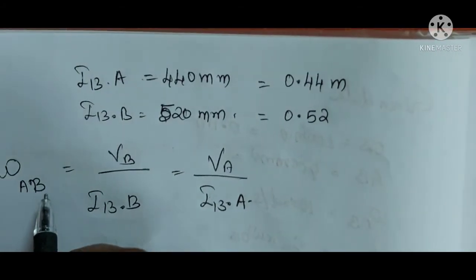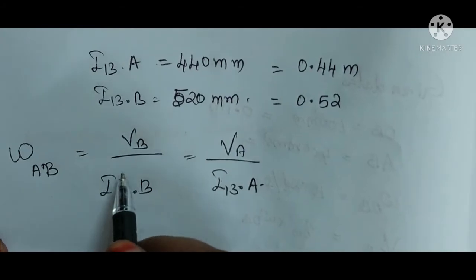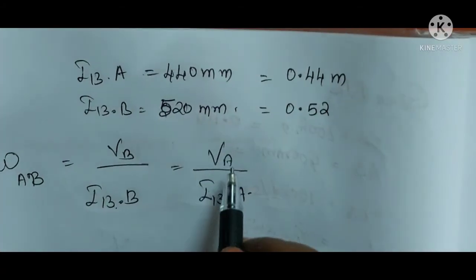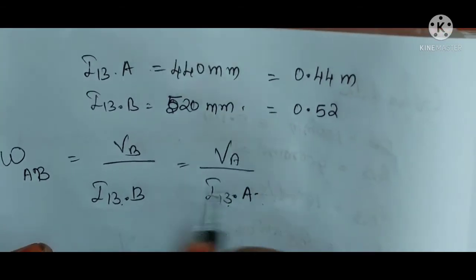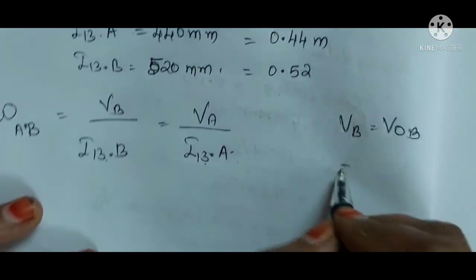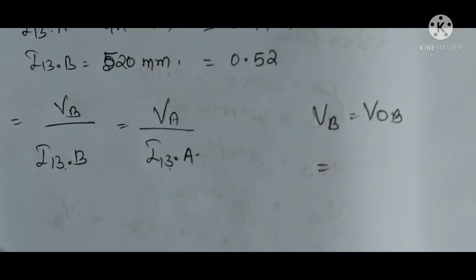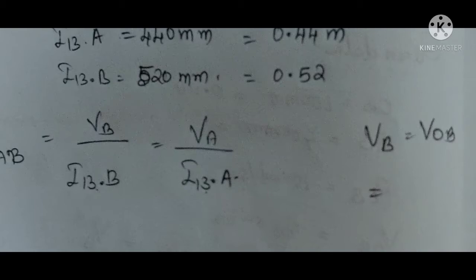So now with the help of Kennedy's theorem, we can say that angular velocity is equal to, with respect to the instantaneous centers, VB by I13 dot B, then VA by I13 dot A. So here VB is nothing but VOB. VOB we already had in the problem itself. So that value was 1 meter per second.